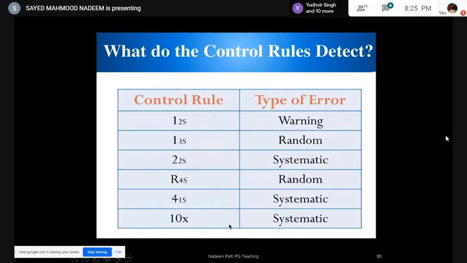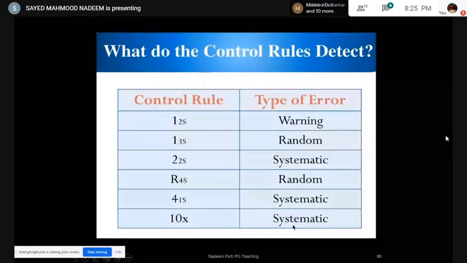R4S, because it is across the mean, is a random error. 4-1S on one side of the mean is again a systematic error. 10x is a systematic error.